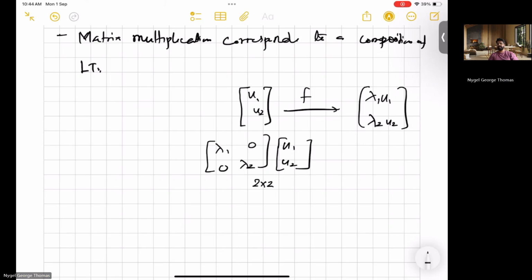What will happen if we have to add more transformations to it? Let's say we have to take another transformation. Mu1, mu2. Yeah, these are just lambda 1, lambda 2. Let's say we are applying another scaling on top of it. So let's take it as mu1, mu2.